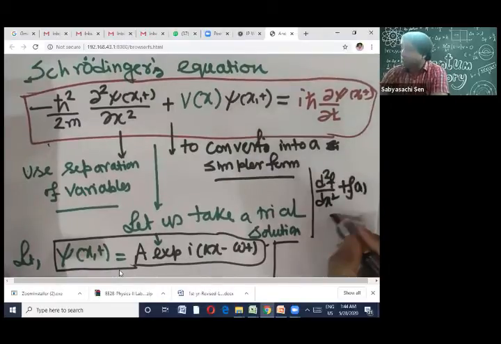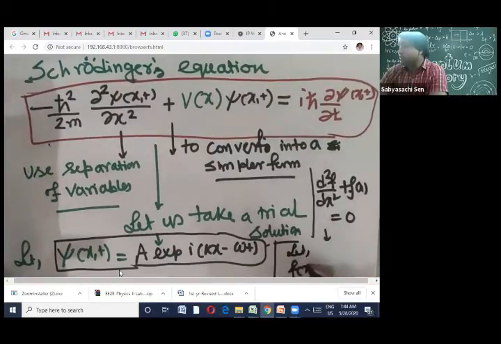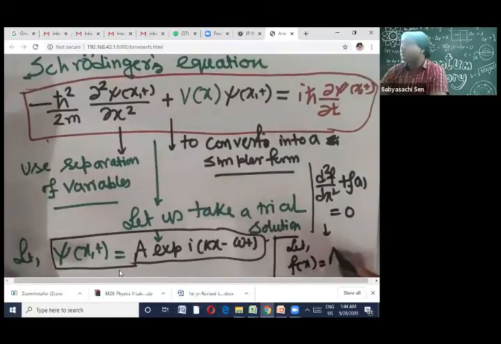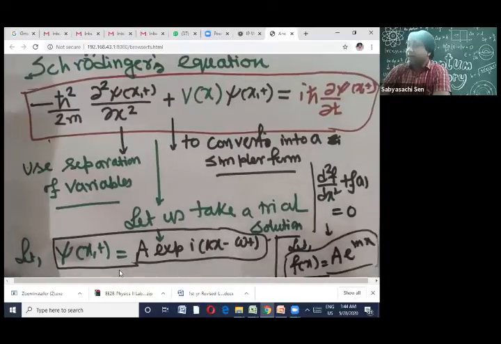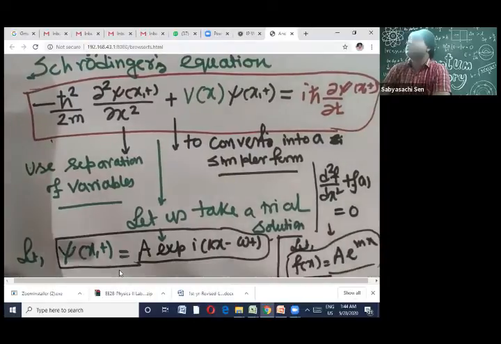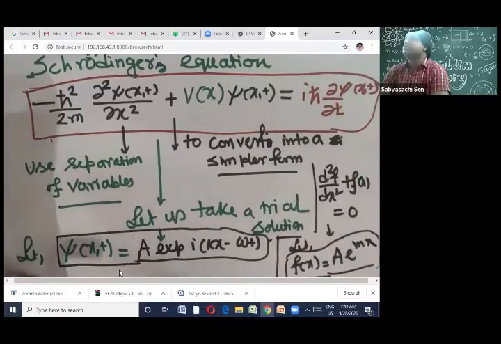Now, how do you solve this type of equation? You take a trial solution like f(x) equal to a to the power mx. So I'm choosing an e to the power function as a trial solution.